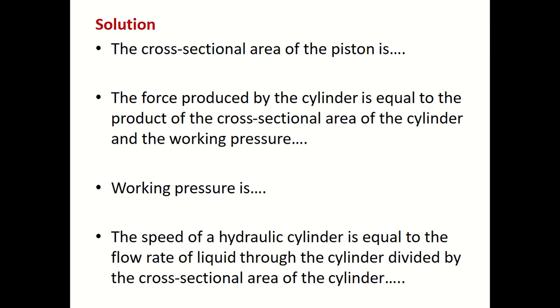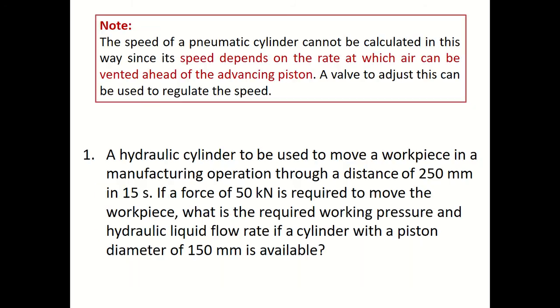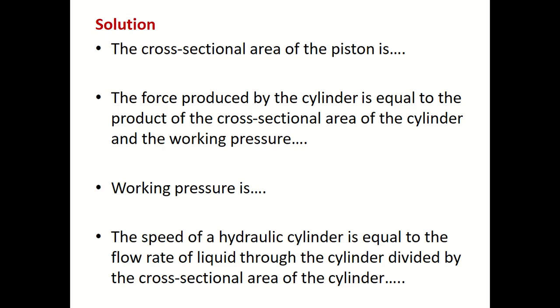Now, the force produced by the piston is equal to the product of the cross-sectional area and the working pressure. We know the force, that is 50 kilonewton, and the area is known. From that you can find the working pressure: 50 into 10 cube divided by the cross-sectional area gives the working pressure.